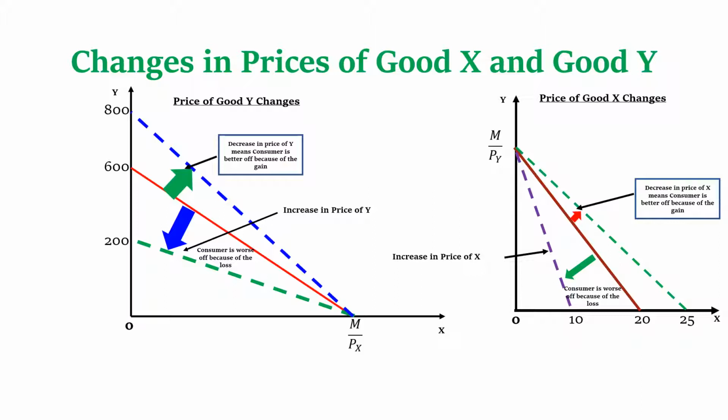As you can see in the arrows here, when the price increases, the consumer is worse off because his real income has fallen because of the increase in price. He's not better off. When the price falls, the consumer is going to be better off, because with that falling price, he can buy more goods. So he's better off with the falling price.